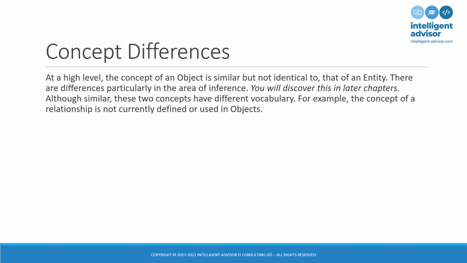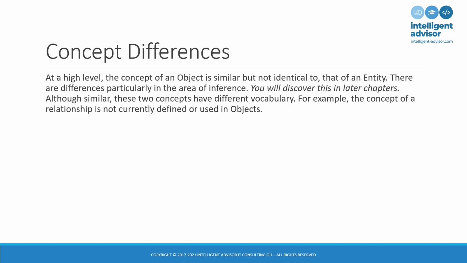Since we just spoke about the idea of an object, we can now focus on concept or conceptual differences. The concept of an object is similar, but not identical to that of an entity. There are major differences, particularly in the area of inference. You'll discover this in later chapters, so we're not going to worry about it for now.